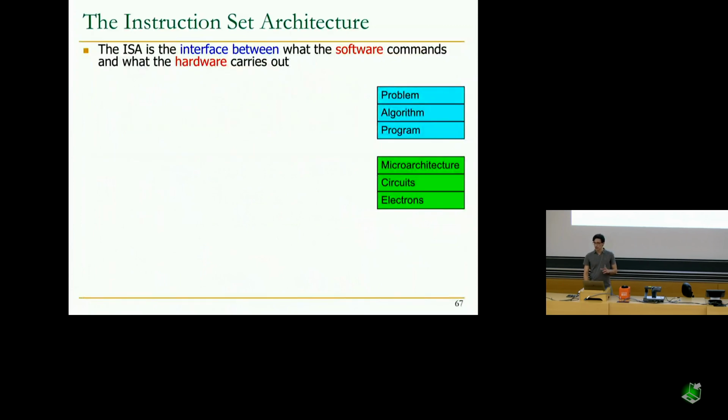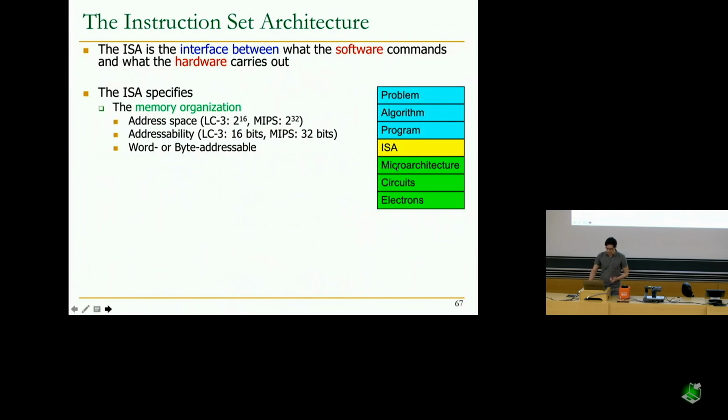The instruction set architecture, which Professor Mutlu has already defined, is the interface between software and hardware. It sits between the programs, the high-level language programs that programmers or compilers can generate, and the microarchitecture.